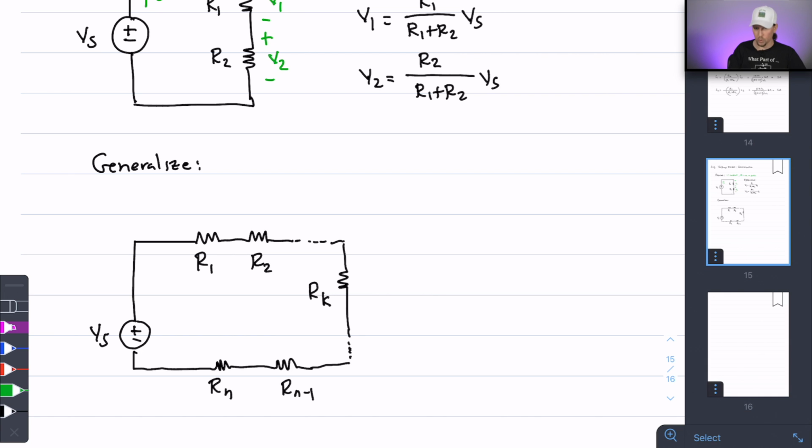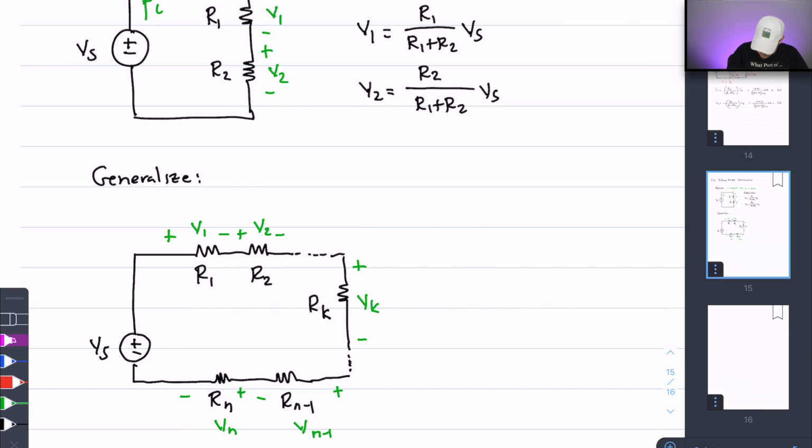Now, each one of these resistors, across them, there are going to be voltages that we can define. So across R1 we have a voltage V1, across R2 we have a voltage V2, across R sub k we have a voltage V sub k, and across R sub n minus 1 and R sub n we have voltages correspondingly V sub n minus 1 and V sub n.